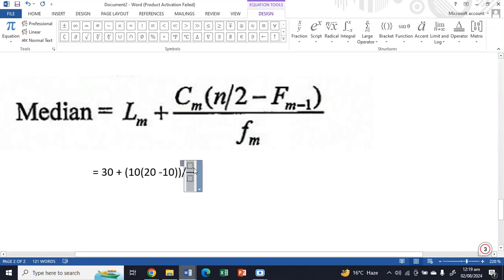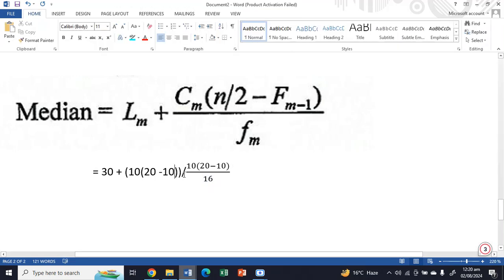Okay, so what have I done? Class width 10 open brackets 20 minus 10 close brackets. Frequency of the median class, is it 16, if I'm not mistaken? Just check.